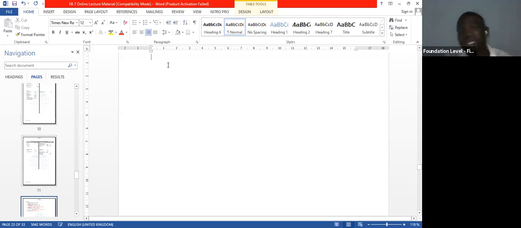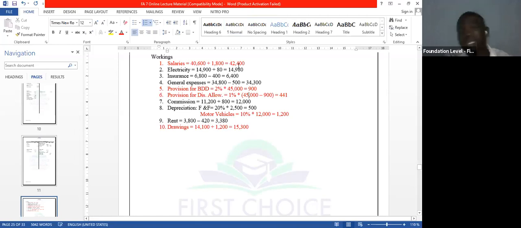So we have electricity. 14,980 will be the one that is going to reflect on our statement of profit or loss account. This 80 here is the one that we are owing, that we are yet to pay. We have enjoyed the electricity, but we are here to pay for that amount, which is 80. So the 80 is going to go under our current liability, while 14,980 is going to go under our expense.